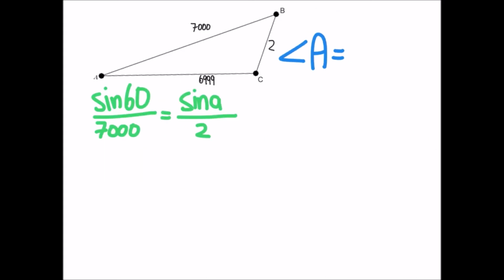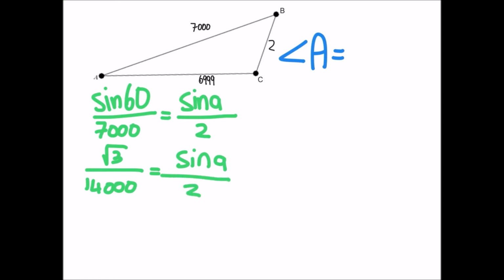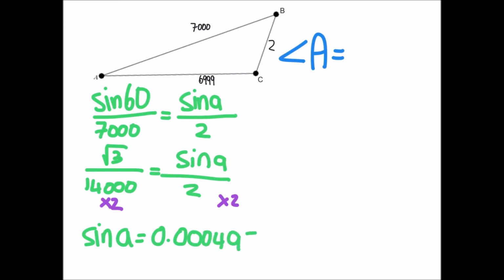Now that we have this equation, we can start to solve. Sine 60 over 7,000 is equal to root 3 over 14,000. So sine A over 2 is equal to root 3 over 14,000. Now we can multiply by 2 to isolate the sine A. Now we know that sine A is equal to 0.000495.